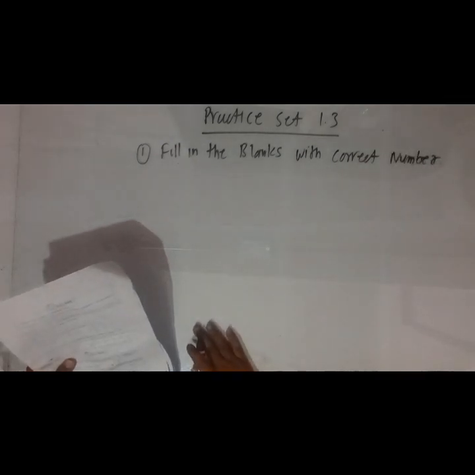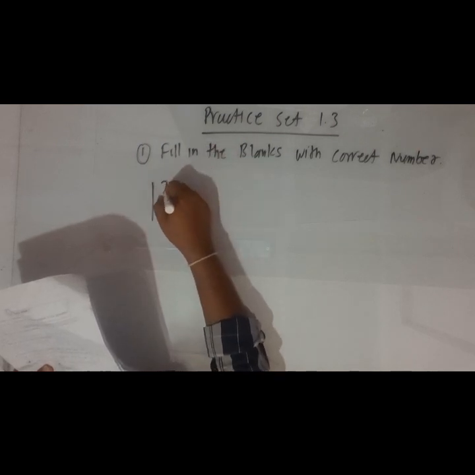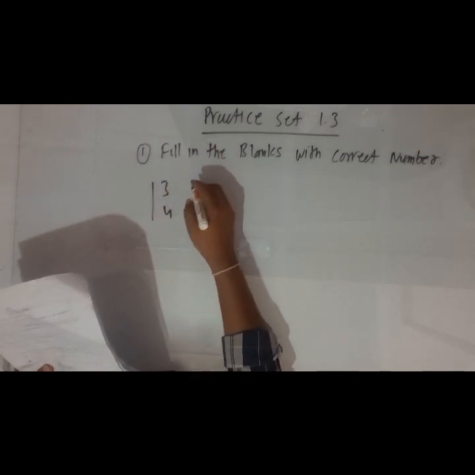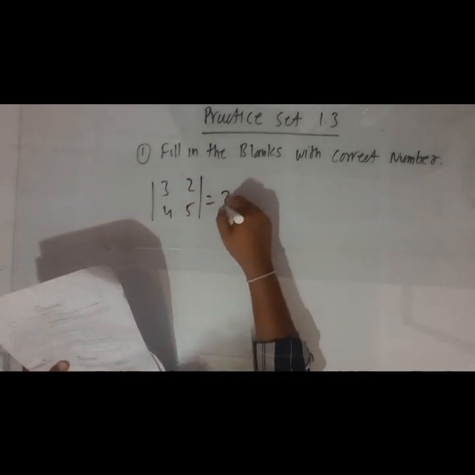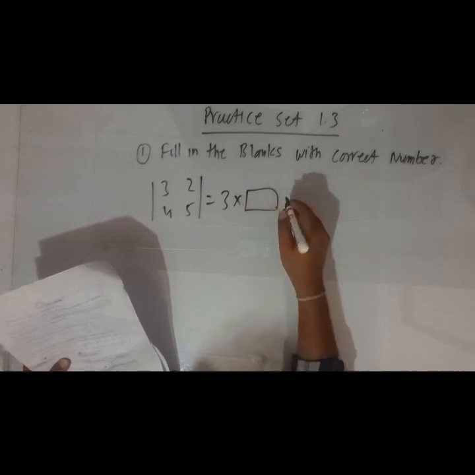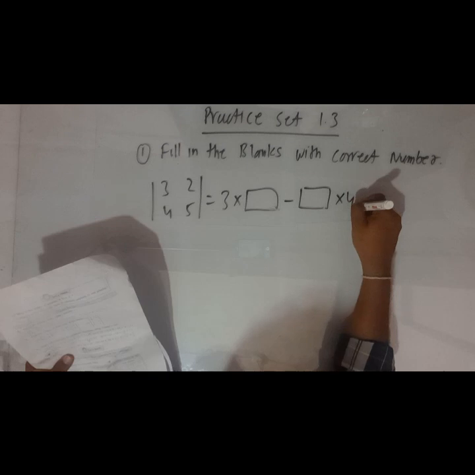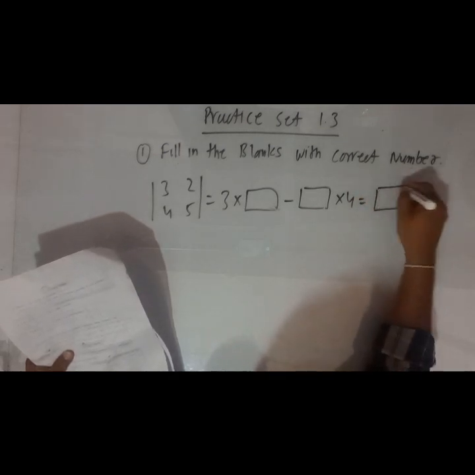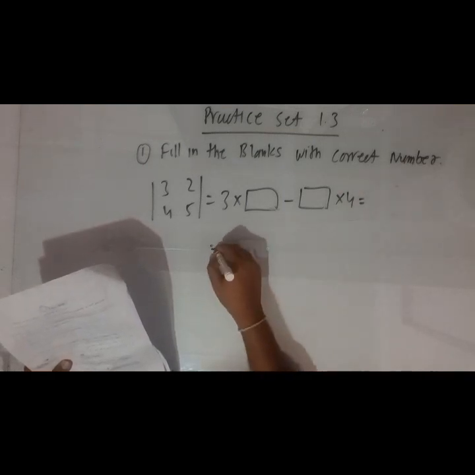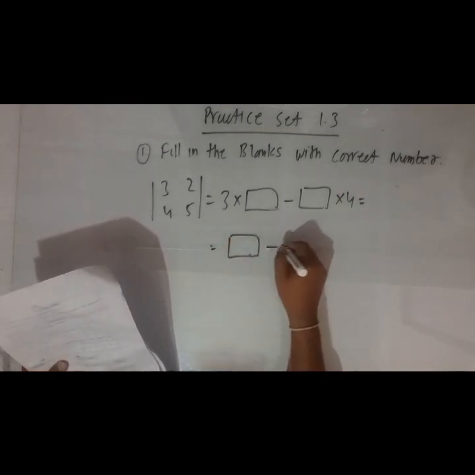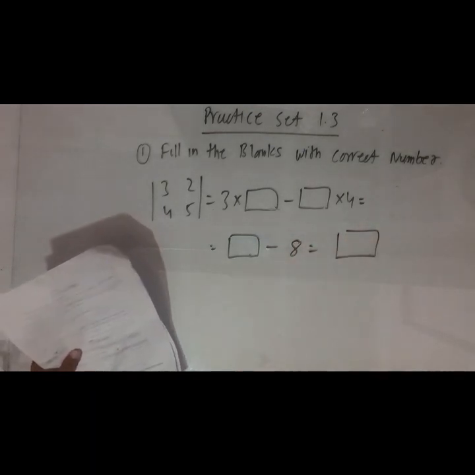I will write the question as it is. A determinant is given, and then 3 into box minus box into 4 is equal to box.